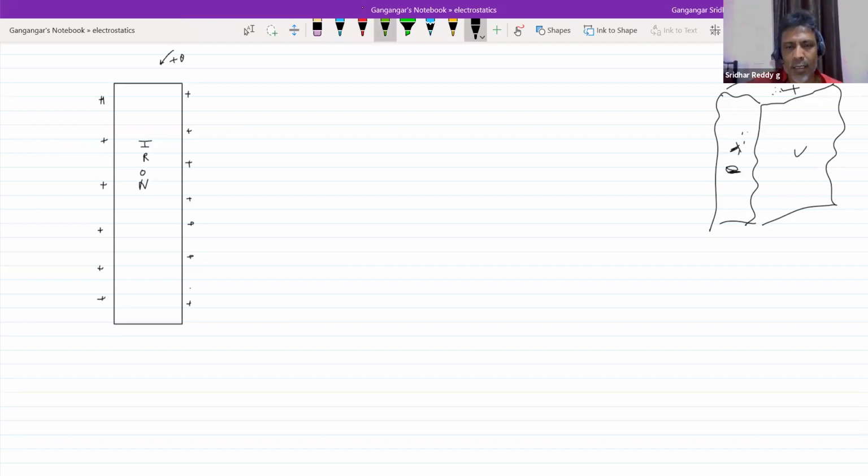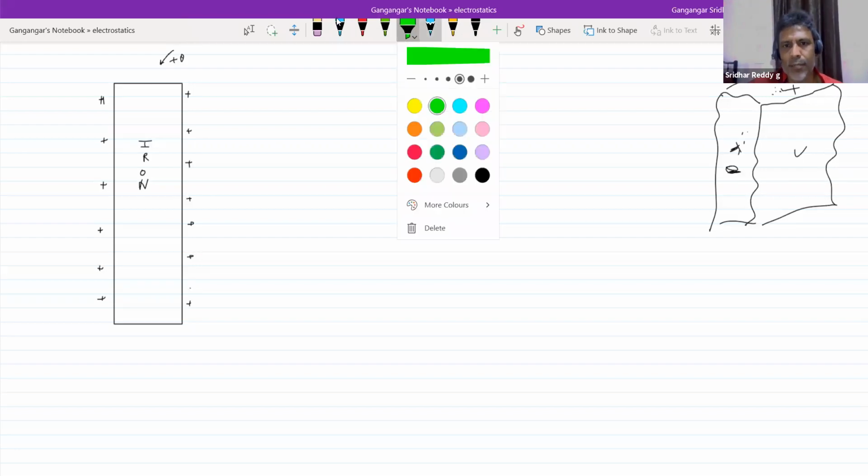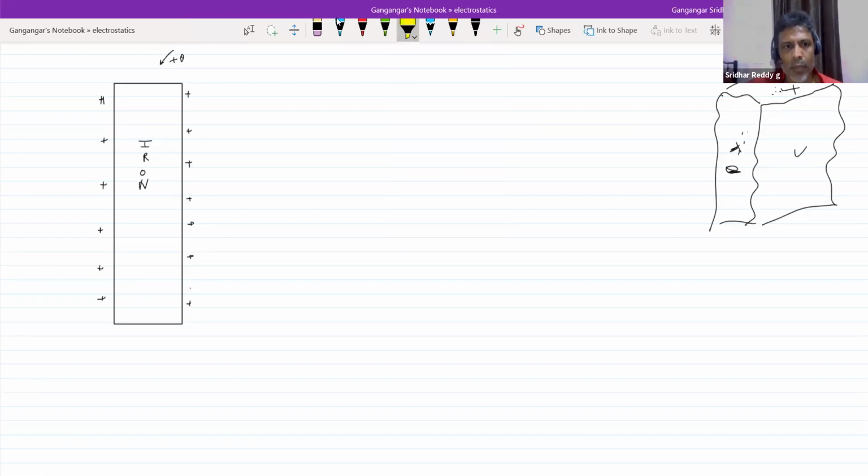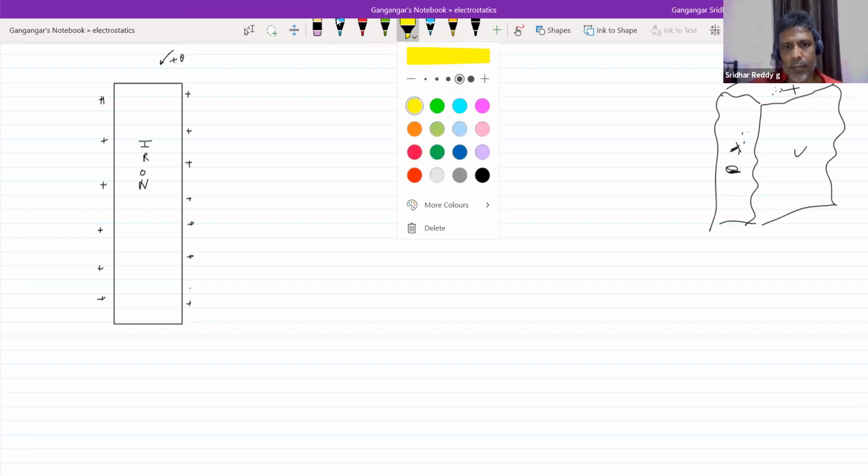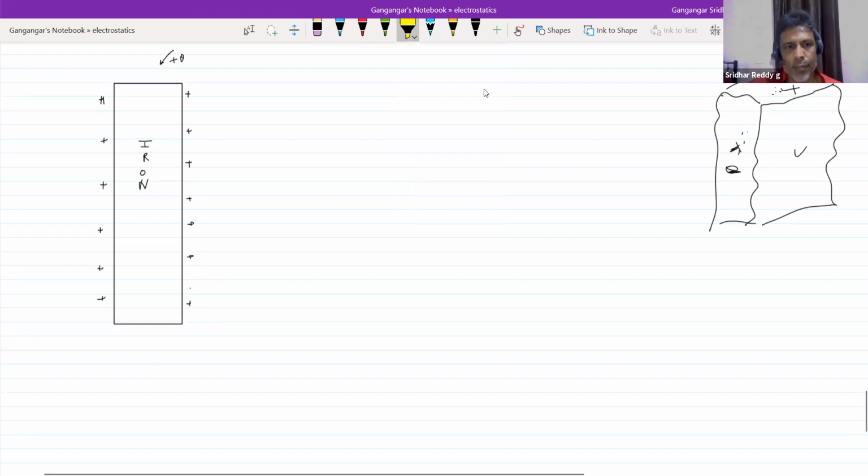So I'll assume a Gaussian surface, a cylinder. Let me assume a Gaussian cylinder. I'm showing it a little differently from Surma. He has assumed a cylinder inside the material. You can do that to show that the net field inside the conductor must be 0.